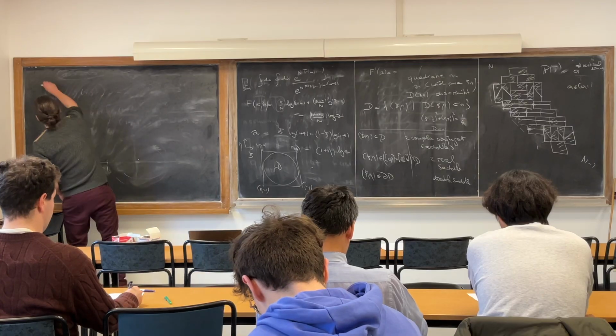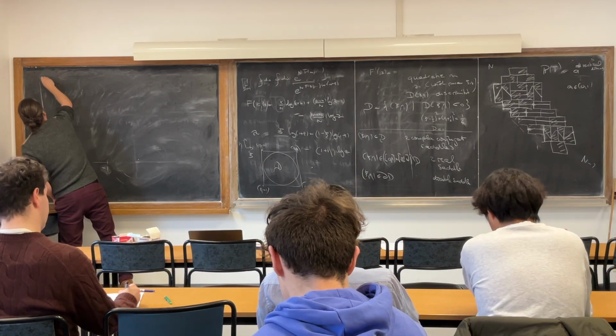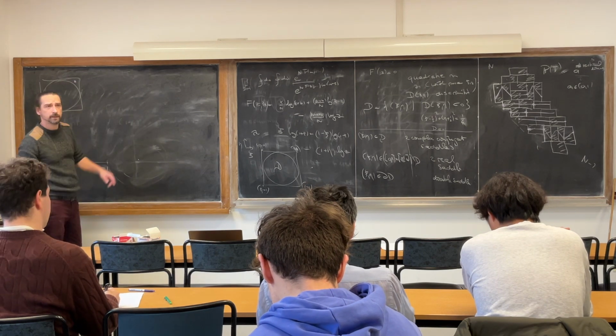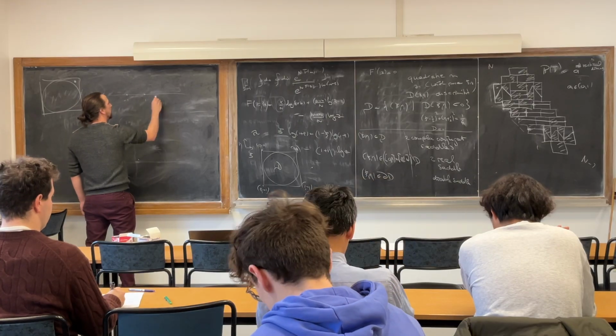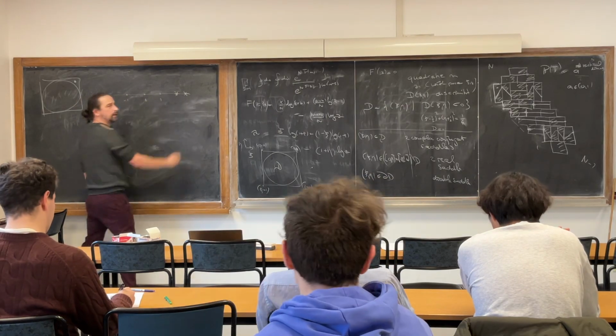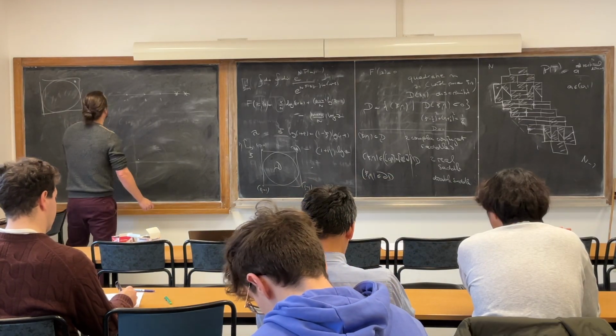For example, let me take the square again. Here's the square. If I take a point here, then you will find two saddle points on the real line, on this part of the real line.